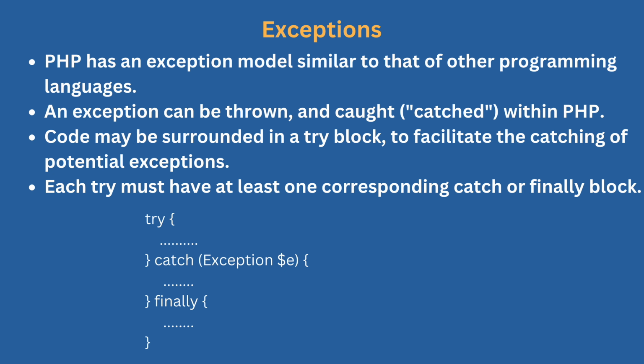Like one catch is written here, another catch you can also write, and you can also write a finally block. If the code executes successfully with no error, it will not come into catch, but finally will be executed also. If something wrong happened, like dividing by zero, it will come here, do whatever you want, show some message, and finally will also execute. So let us see some examples.